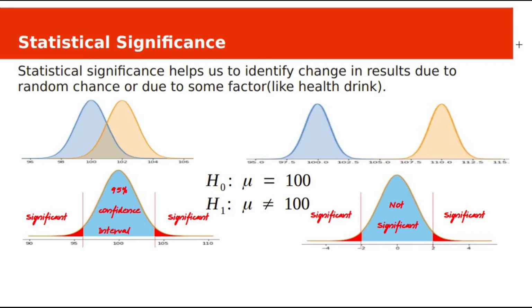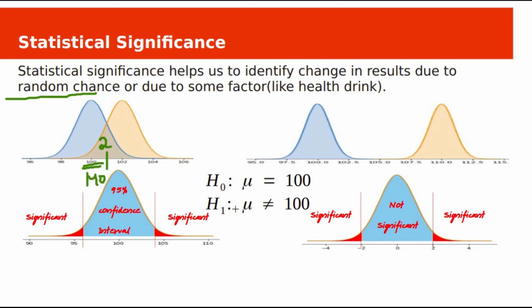We already know that statistical significance helps us tell whether a change is due to random chance or due to some factor like the health drink in our previous example. In our previous example, we assumed that the average height of 5-year-old children is supposed to be 100 centimeters with standard deviation 2. This 100 is the standard, let's say mu naught.